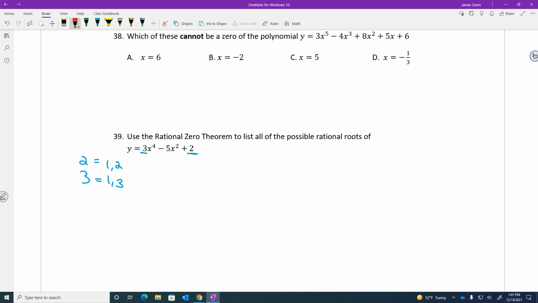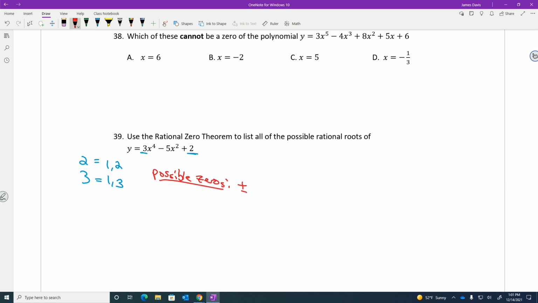And then the possible zeros are all of these over each other with a plus or minus. It's like a plus or minus p over q, if you remember that. And this is our p and that's our q. So it's plus or minus 1 over 1, plus or minus 1 over 3, plus or minus 2 over 1, plus or minus 3 over 3.